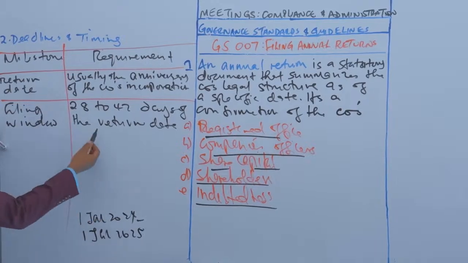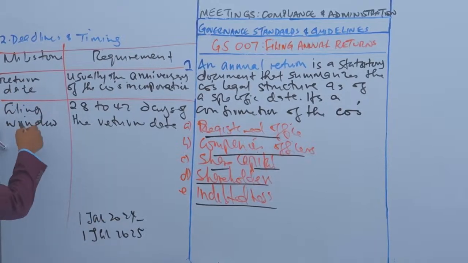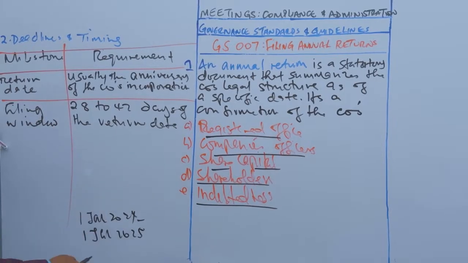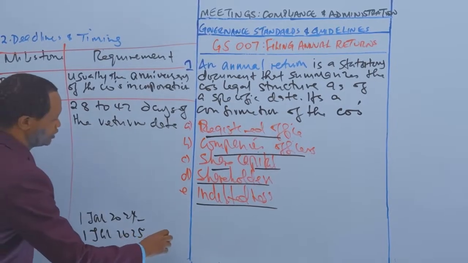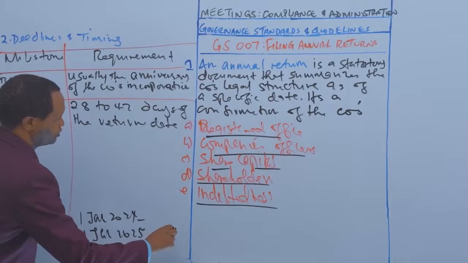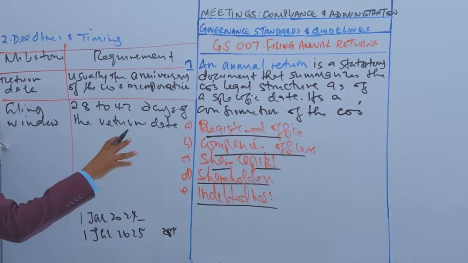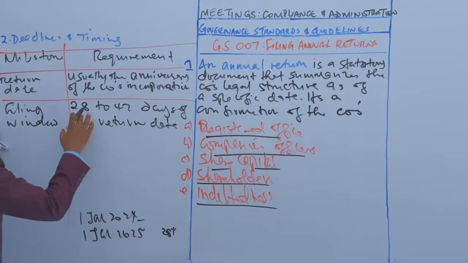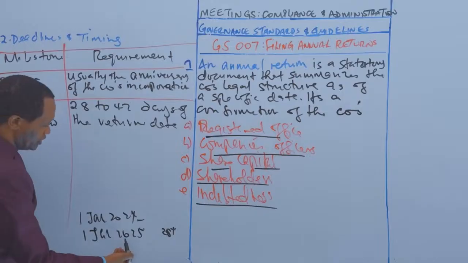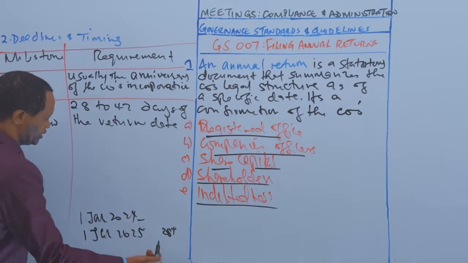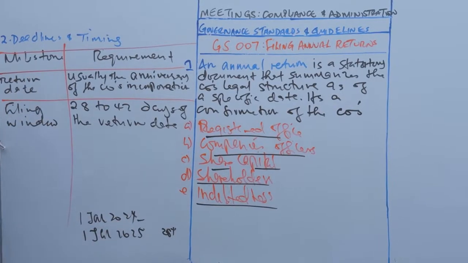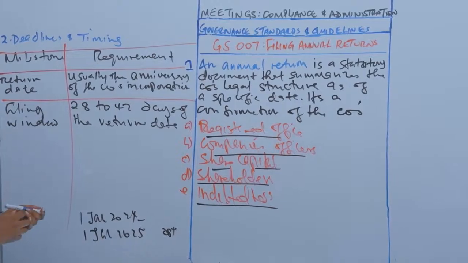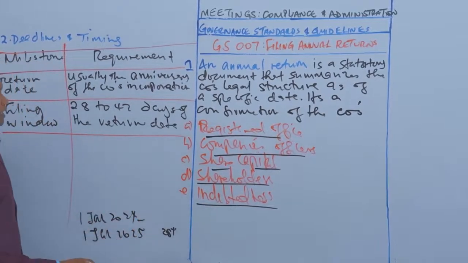So the filing window is supposed to be between 28th of January and not more than 42 days after, 2025. That is the filing window for a company that is incorporated on 1st January 2024.